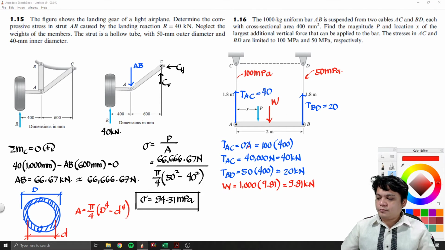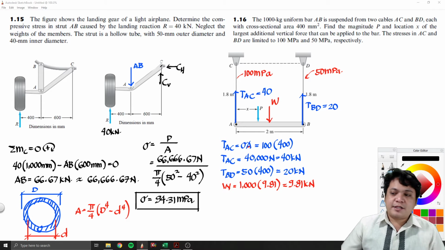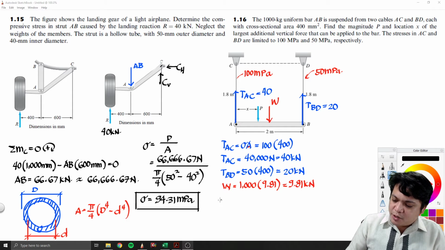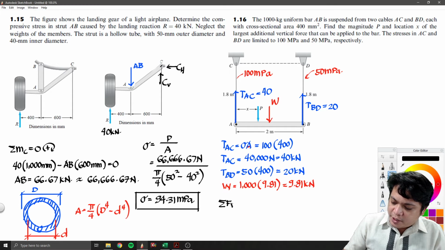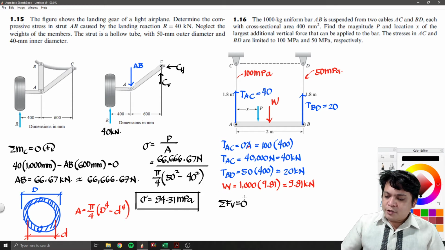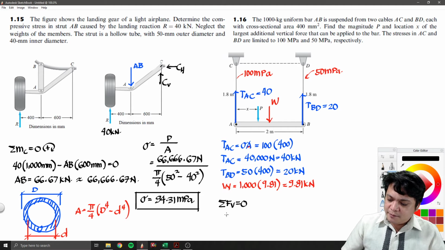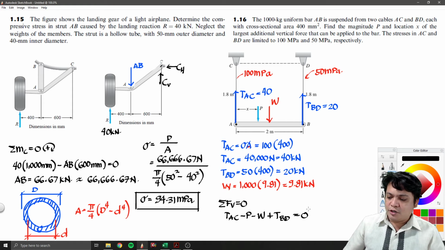With this, I can take the summation of forces vertical equal to 0. So I have here TAC minus P minus W plus TBD, no other forces, equal to 0.